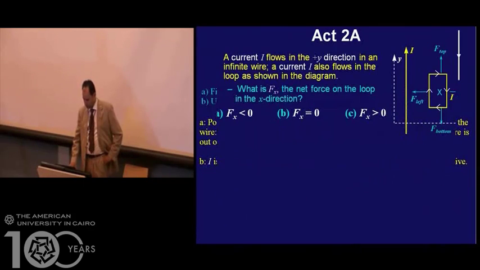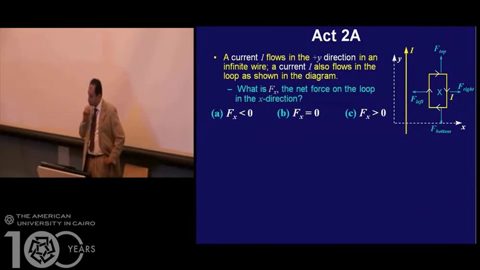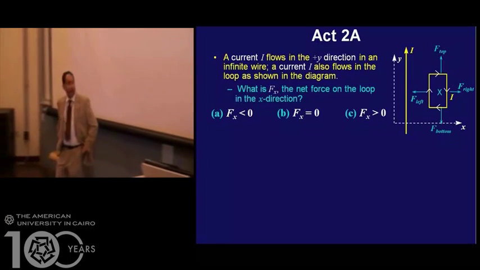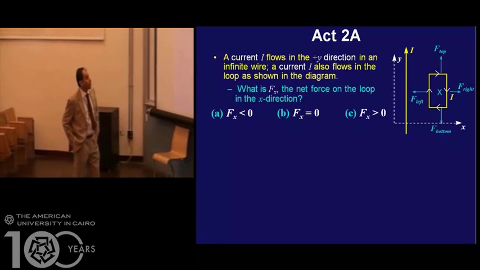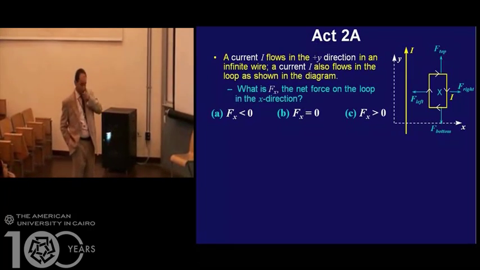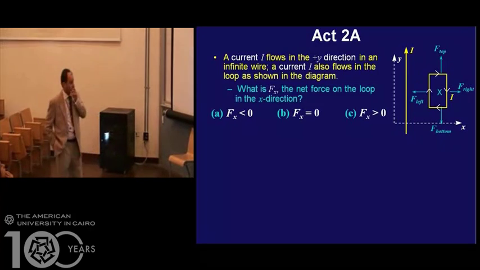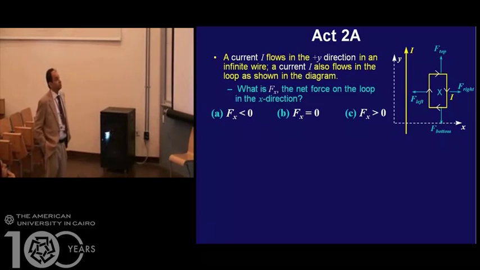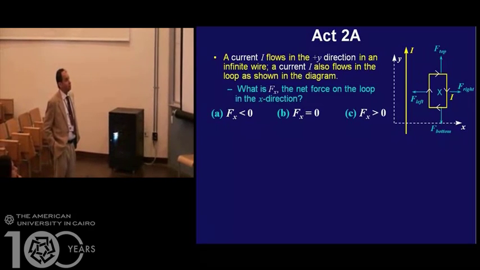And here, okay, this is a little bit harder quiz. Now we have a wire that carries a current I. This is an infinite straight wire, carrying a current I, and there is a loop beside that wire that also has a current I. We need to find the net force along the X-axis on the loop.